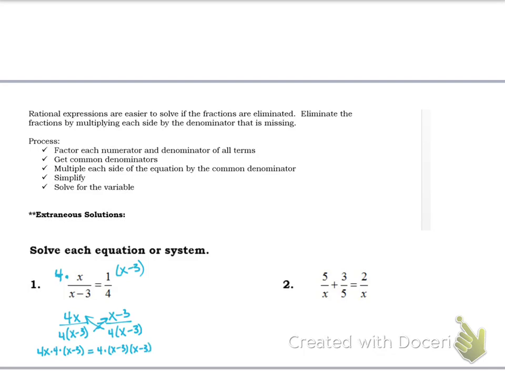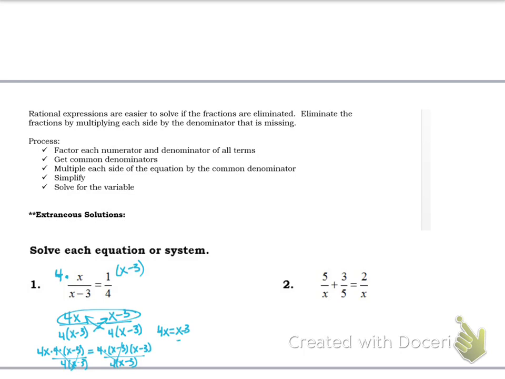So if I divide both sides by my 4 times x minus 3 over 4 times x minus 3, they'll cancel. And I have a 4x equaling x minus 3 left, which is just my top. Okay, so in these situations when you have an equal sign, if you have common denominators, they will cancel, only when there are equal signs.